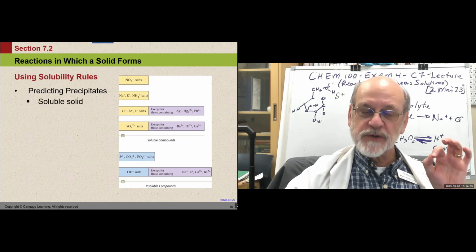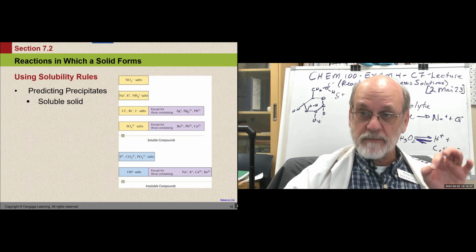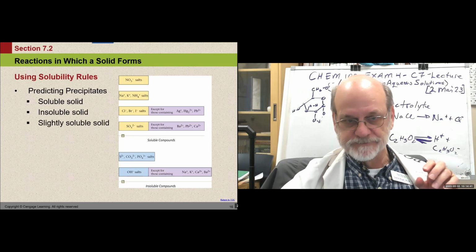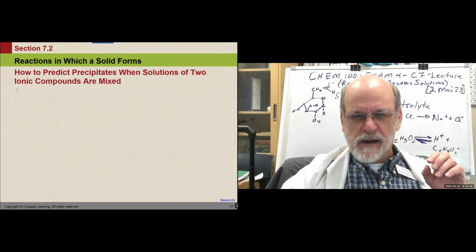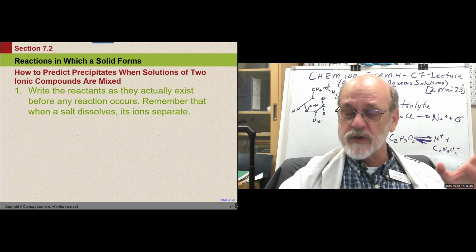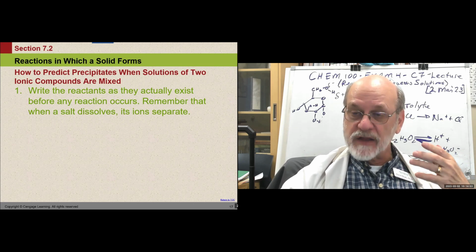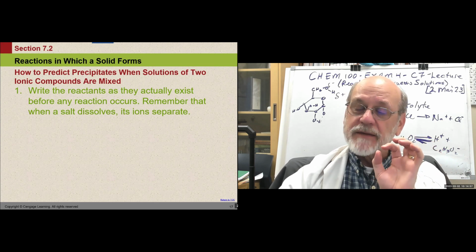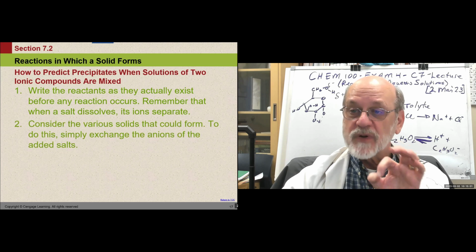So we can predict precipitates as long as we match up ions that we put into solution. This is how we would do it. You write the reactants, balance their formulas correctly, and then, since they are soluble, you would write them as separate ions.